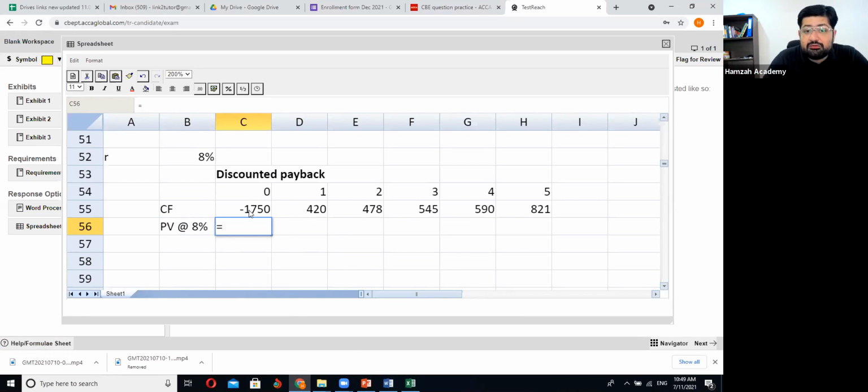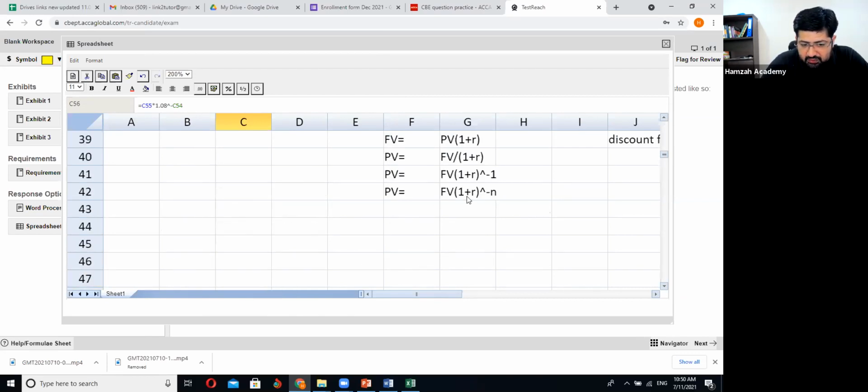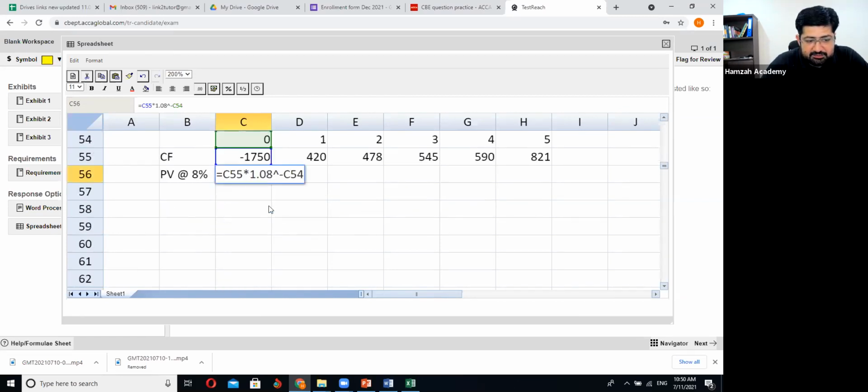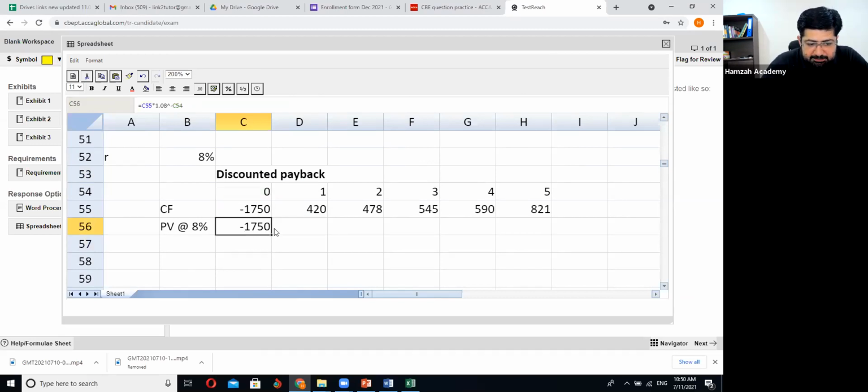Simply, we know that future value, the cash flow, multiplied by 1 plus R, 8%, raised to power minus N, where N is the number of years. Simply drag it.